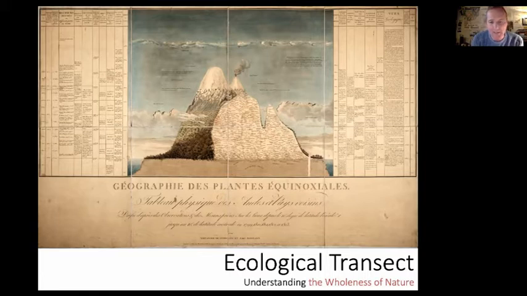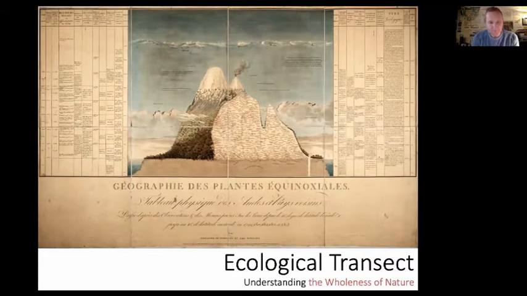And this particular drawing is, from what we know, the first illustration of an ecological transect. For me to explain what an ecological transect is, it's basically a way of describing how different ecologies exist adjacent to each other.